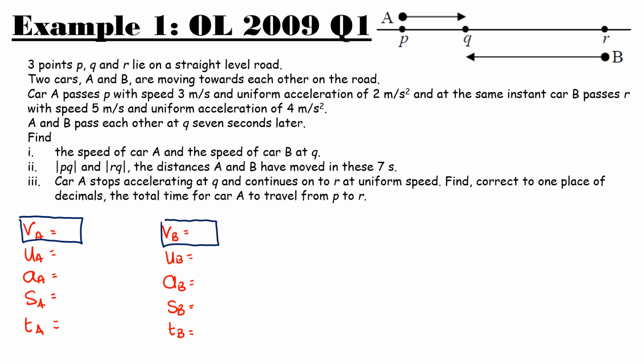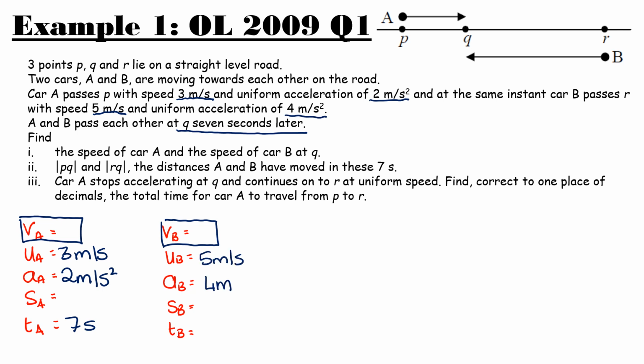Going back to our question, car A starts with 3 meters per second and is accelerating uniformly at 2 meters per second squared. And we know that they pass each other at Q, which is 7 seconds later. So time is 7 seconds. For B, it passes R with speed 5 meters per second. The uniform acceleration is 4 meters per second squared, and then the time is still 7 seconds.